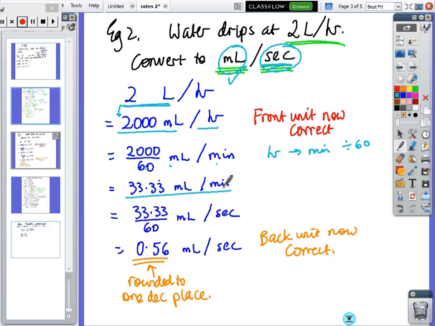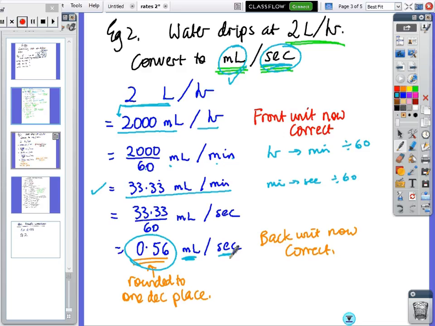We're doing small steps. From hours to minutes, divide by 60, so we've got 33 1/3 millilitres per minute. Then to go from minutes to seconds, divide by 60 again. We end up with 0.56, rounding, millilitres per second. So that's how much the tap is dripping.